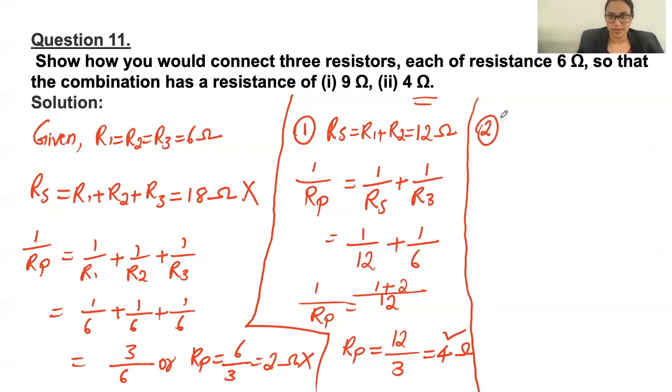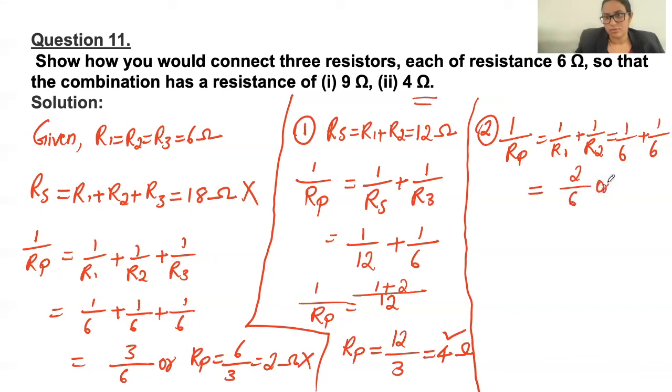Next combination is, if you connect first two resistances in parallel, then in series with the third resistance. So 1 by Rp is equal to 1 by R1 plus 1 by R2, which is equal to 1 by 6 plus 1 by 6. So what do you get here? 2 divided by 6, or Rp is equal to 6 divided by 2, that is equal to 3 ohm.